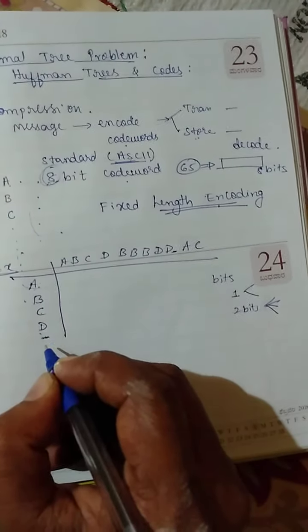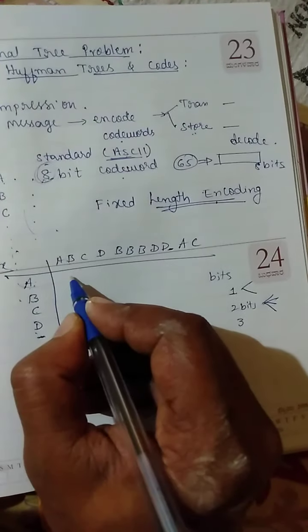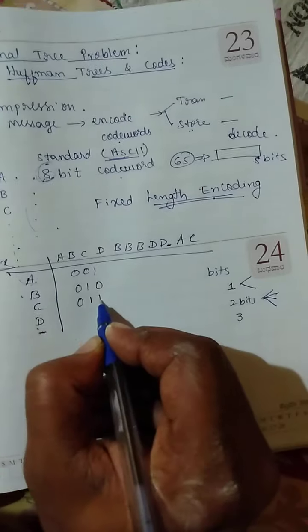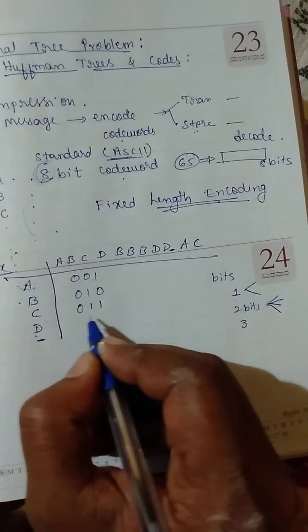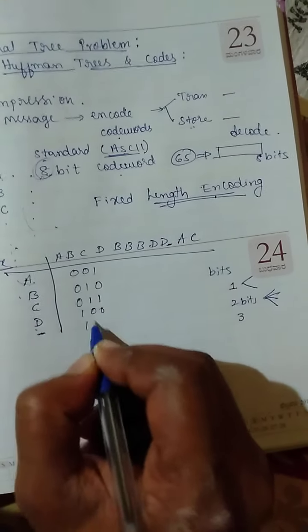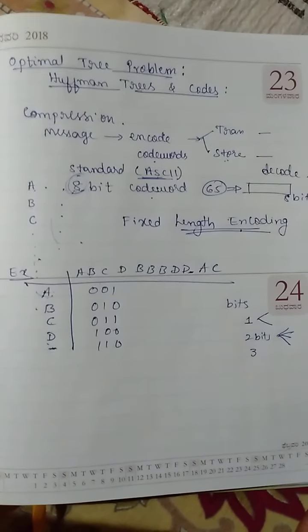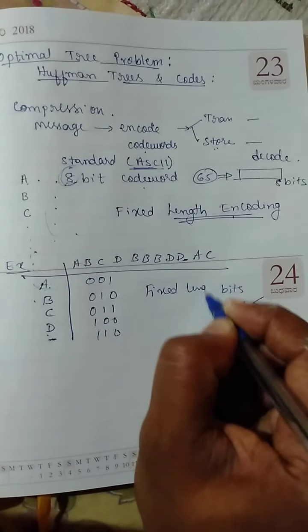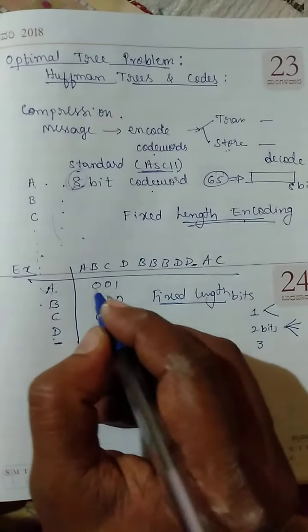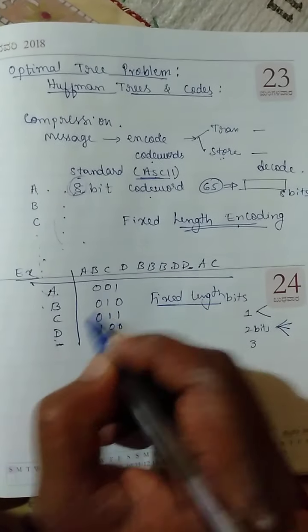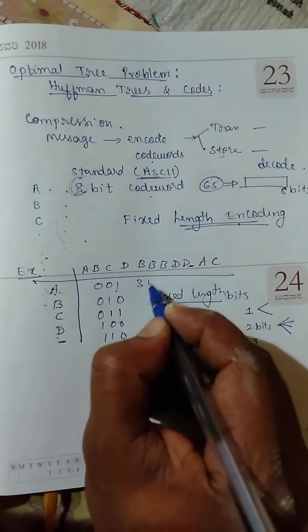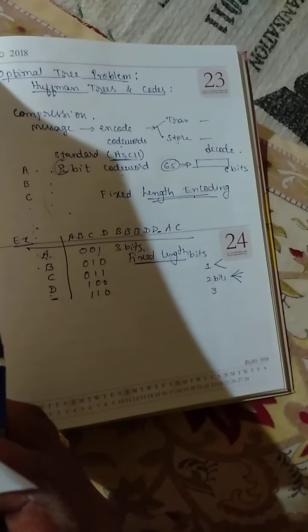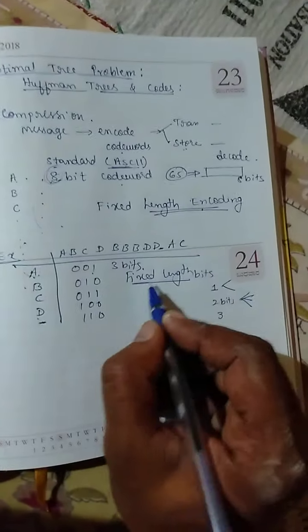Similarly, to represent 5 combinations, you need 3 bits. So I will show some example coding like this. This is also fixed length encoding, where you are using 3 bits per character.